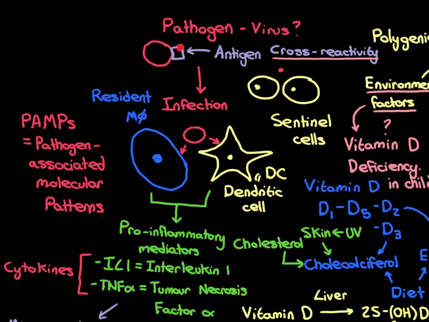In addition, this antigen is going to have the epitope that is the same as the epitope of the central nervous system myelin protein, and which is the epitope that we have autoreactive B cells directed against. So this antigen then is going to be able to activate both the CD4 positive T cells and the autoreactive B cells, and therefore is going to be able to activate that autoreactive extracellular adaptive immune response.